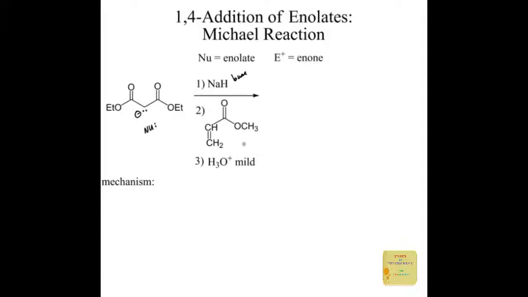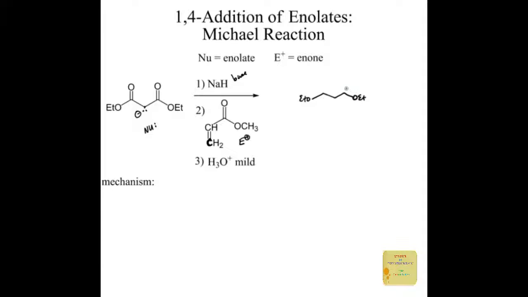And in our second step now, we're adding in our alpha-beta unsaturated ester in this case. So that is our electrophile. And so let's see if we could draw a product. Let's see if we could draw the product that we expect, and then we'll take a look at the complete mechanism. Okay, we're going to form a new bond between this alpha carbon and this beta carbon, the electrophilic carbon here.